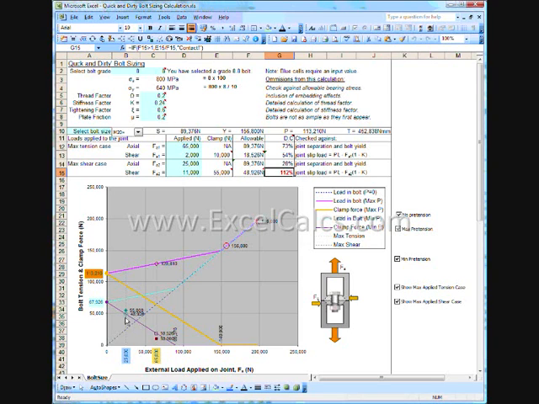It's shown diagrammatically because the required clamping force of 55 kilonewtons is now above the available clamping force of 48. So we run the risk of this joint slipping, and you never really want to allow any joint to slip, because as soon as you start moving, they're in the danger of becoming loose in service, and all kinds of problems will follow that.